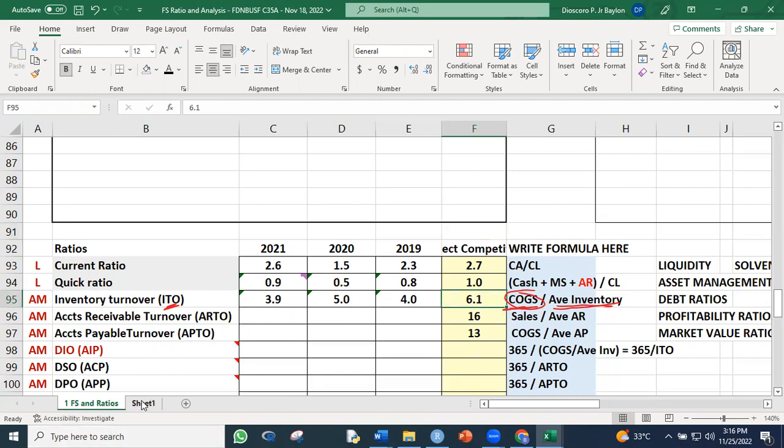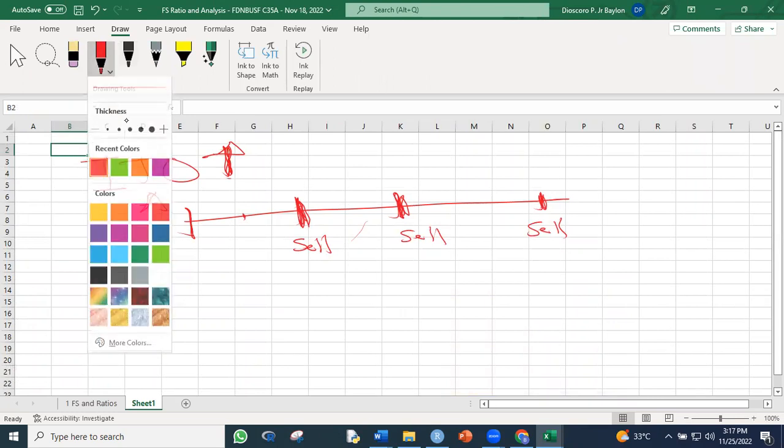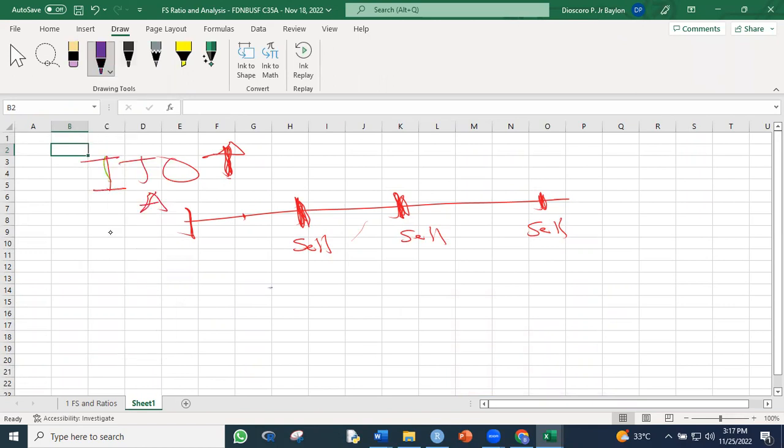So if we take a look at what's happening, this is the ITO of company A. Let's suppose company A is our company. And then if we compare that with company B, let's make it a different color. So this is company B, and the same timeline.